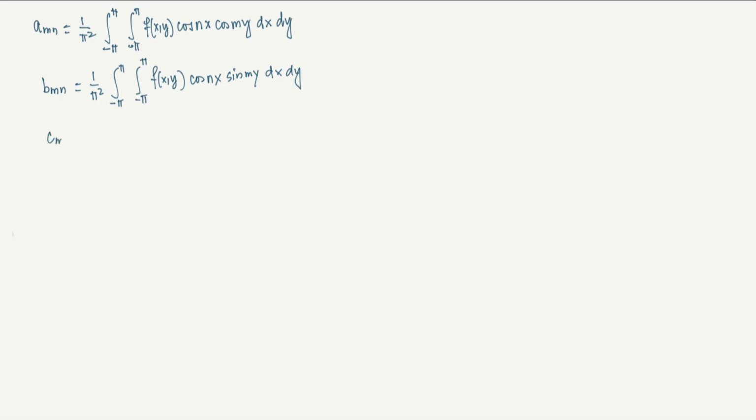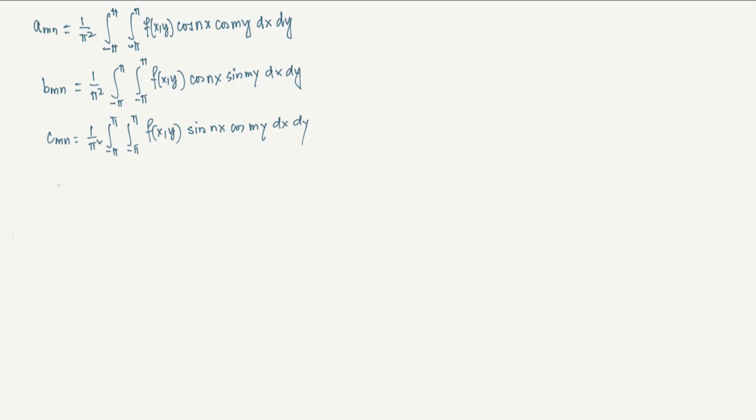Similarly, what is c_mn? We don't have to look at it. It is essentially the same sort of thing: minus pi to pi, and then f of x, y, sine of nx cosine of my dx dy.